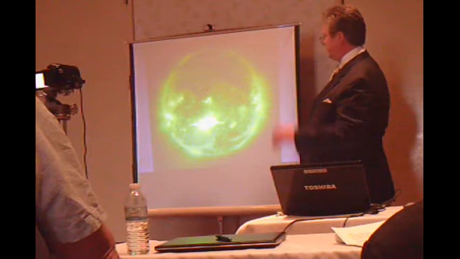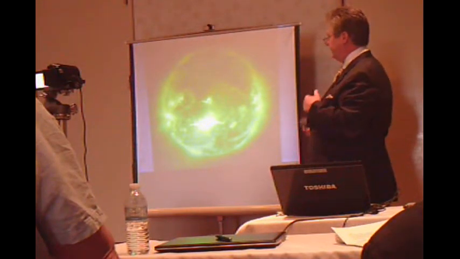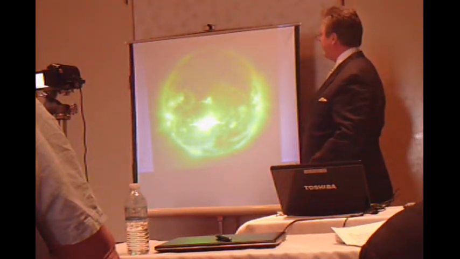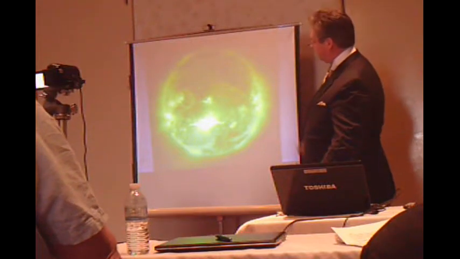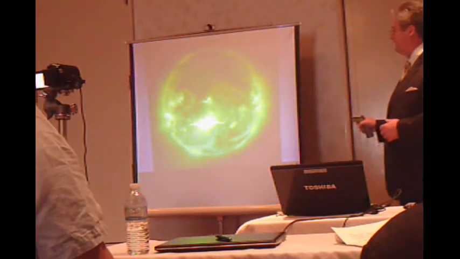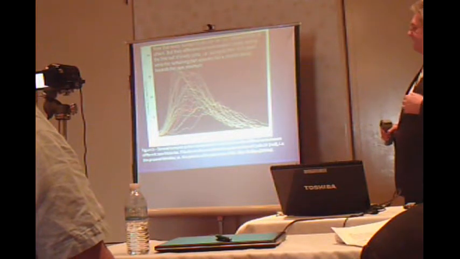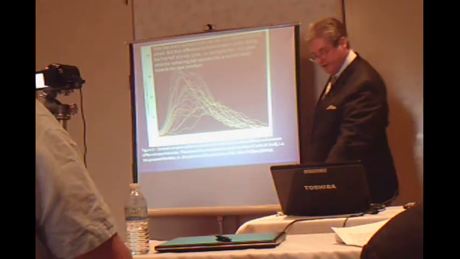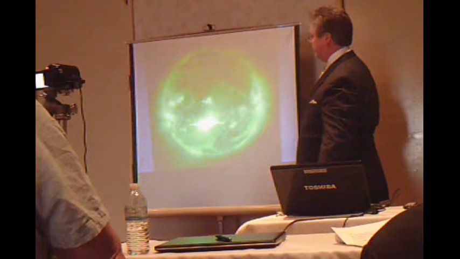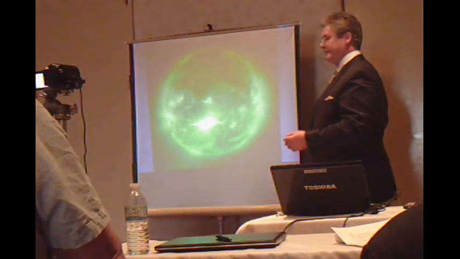And then we're going to talk about the sun a little bit. This is coronal mass ejection, but sunspots, etc. Actually, this coronal mass ejection occurred in 2003 around Halloween, right when all these wildfires broke out. And I'm not getting into that, but I'm just going to give it as an aside.